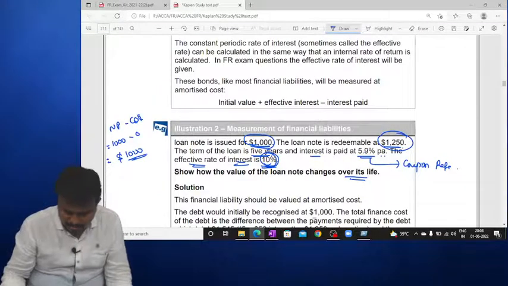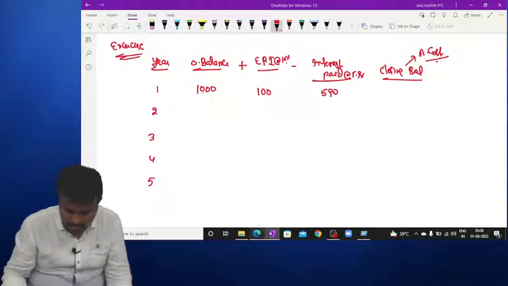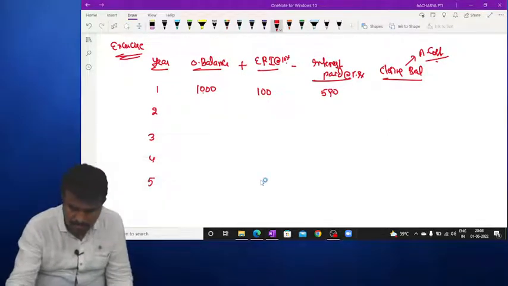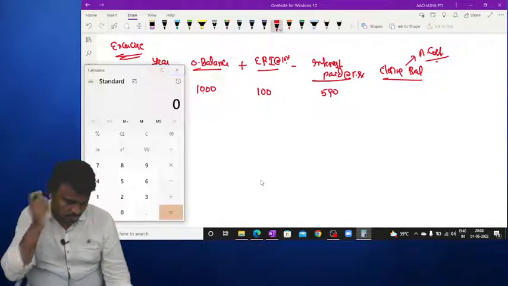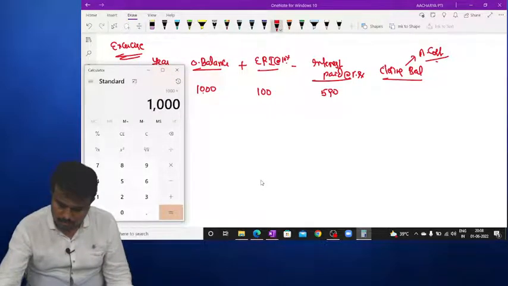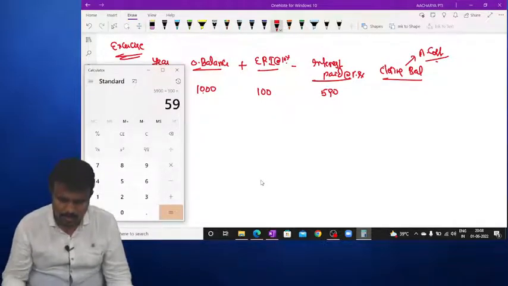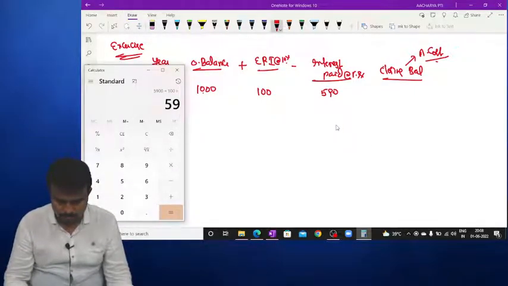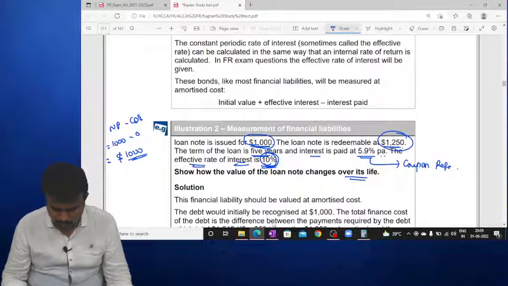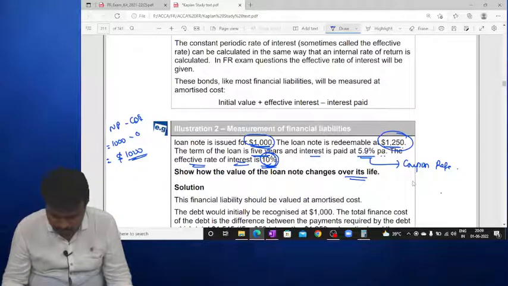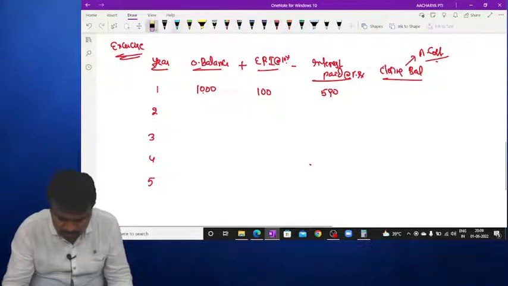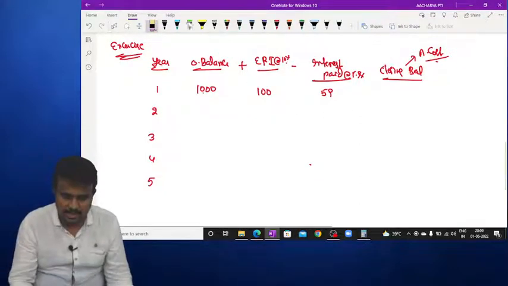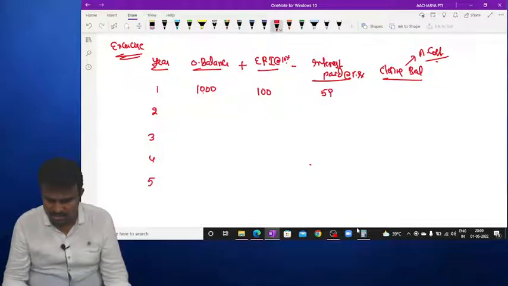We will calculate. So the interest paid is 59. Then the closing balance is what?